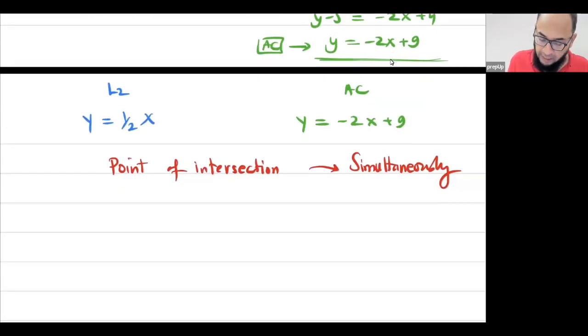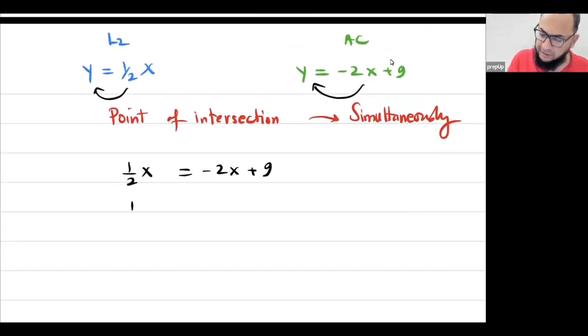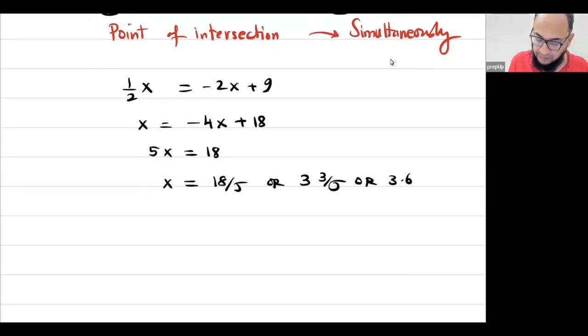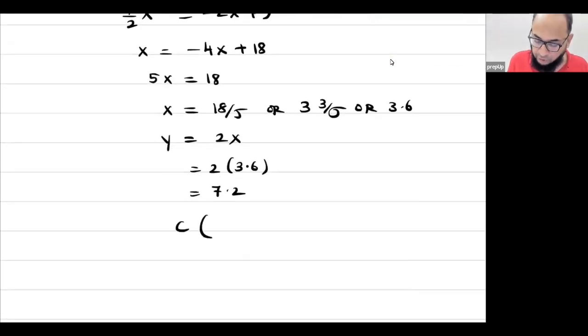So half x equals y, and this also equals -2x plus 9. Let's multiply by 2. So x equals -4x plus 18. Therefore, 5x equals 18. Therefore, x is 18 over 5, which is 3 whole 3 over 5, which is 3.6. Y comes out to be 2x, that is 2 times 3.6, that comes out to be 7.2. Therefore, the coordinate of C is 3.6, 7.2.